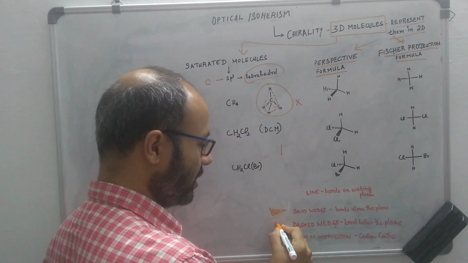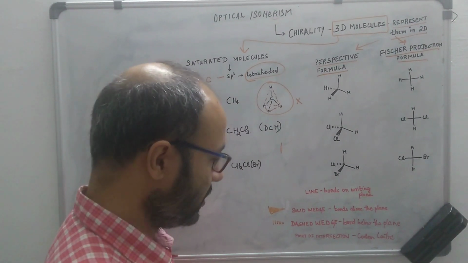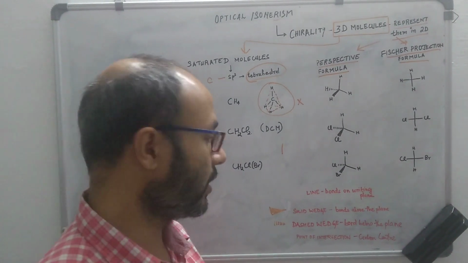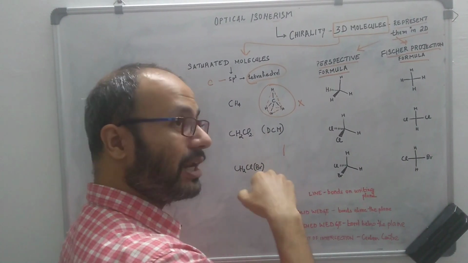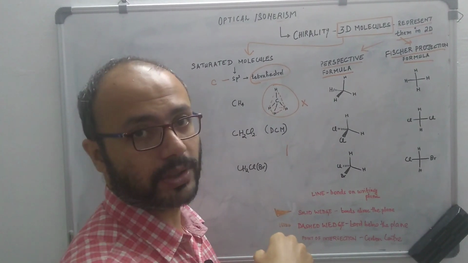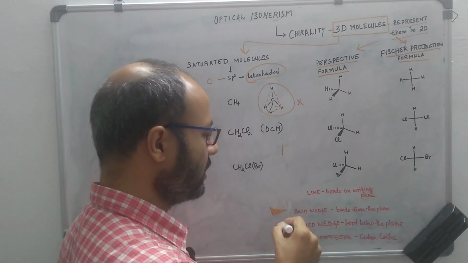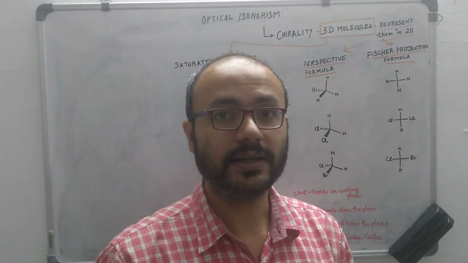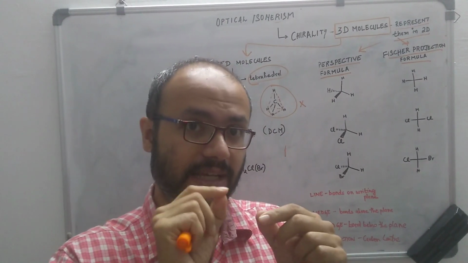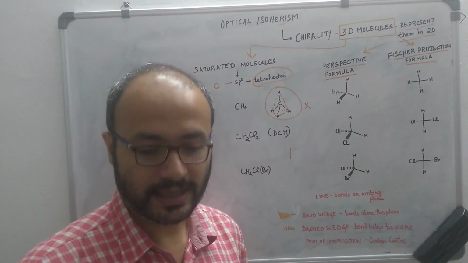If you draw the bond something like this, those are the dash bonds. Dash bonds represent those bonds that are below the plane of the board. And the point of intersection of all these bonds is what you call the carbon center. The carbon is represented by the point of intersection of all these lines.